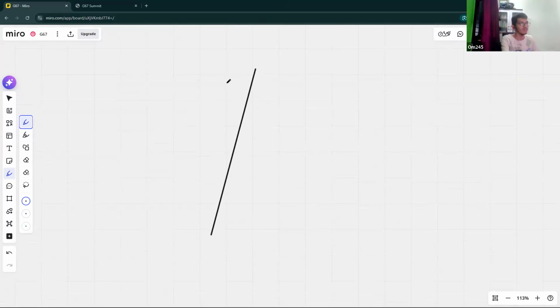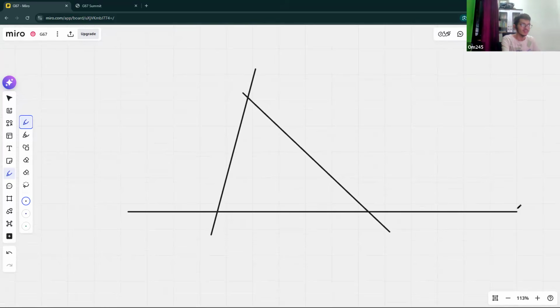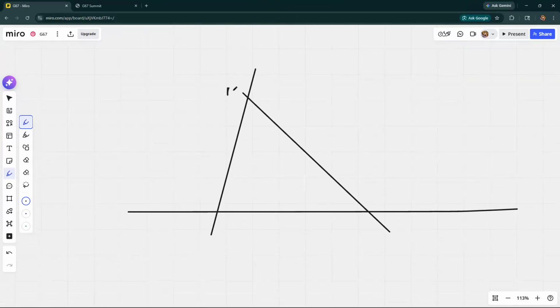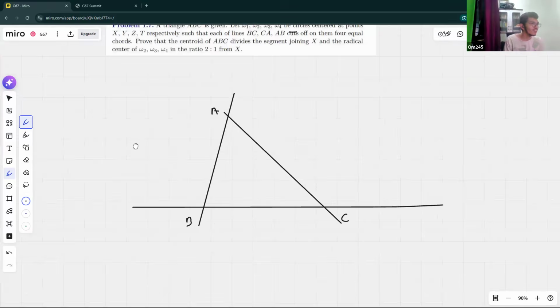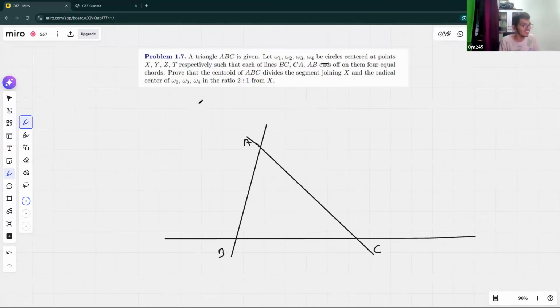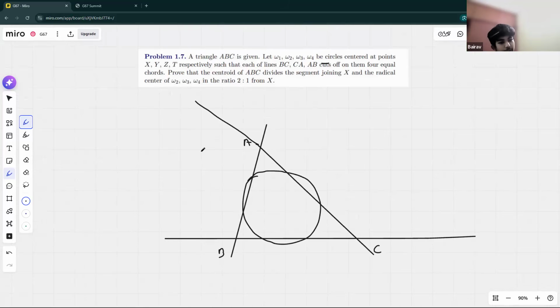I don't remember, but I think each of them is equal. That's why I say I shouldn't just read this. Okay, now we have to be brave and actually draw a diagram. It's quite fascinating. First let's draw a simpler diagram.